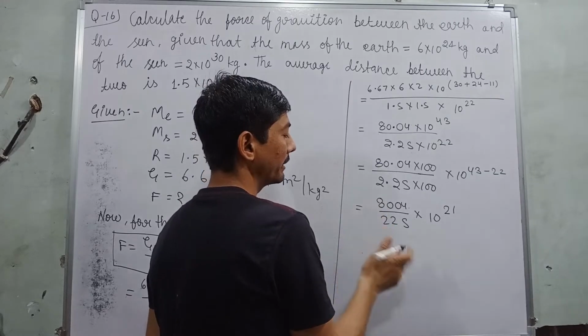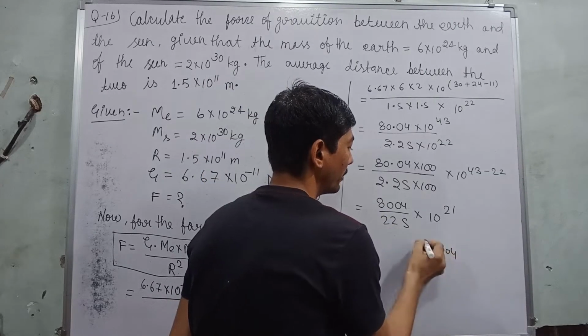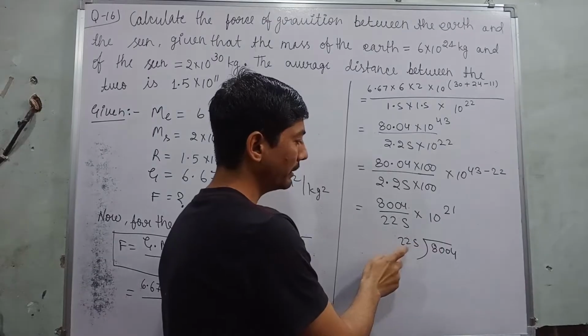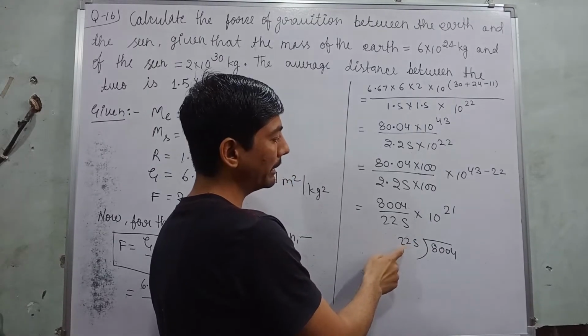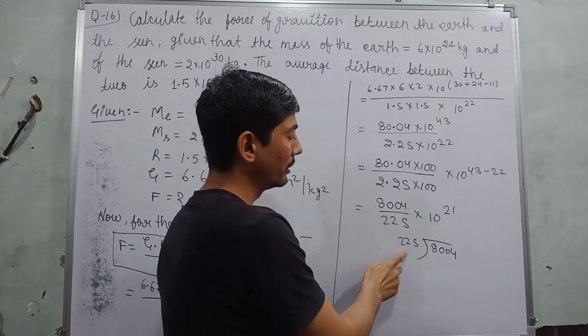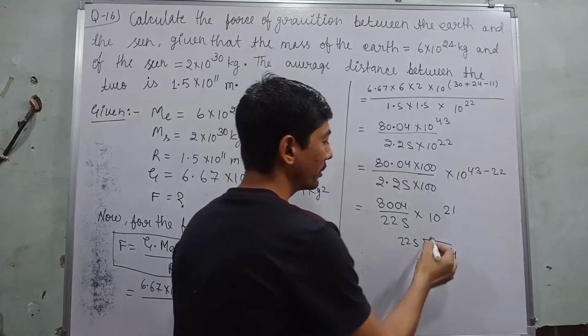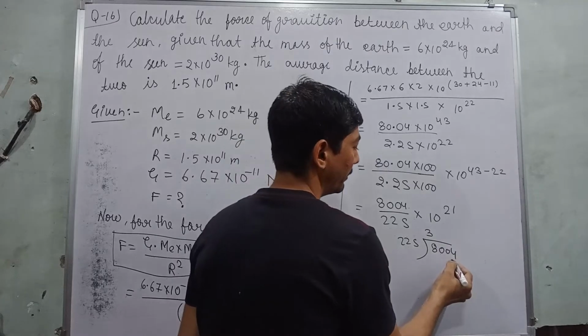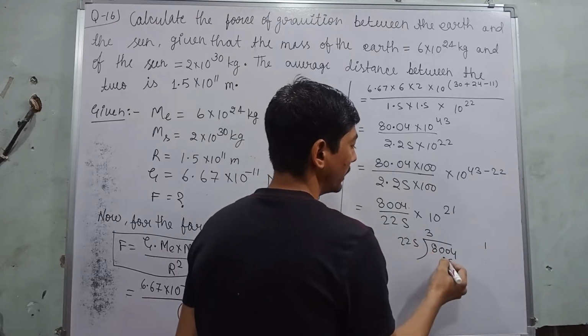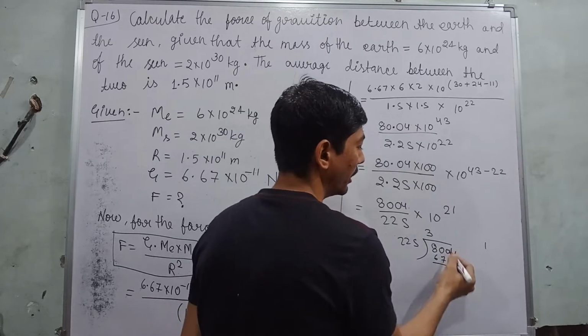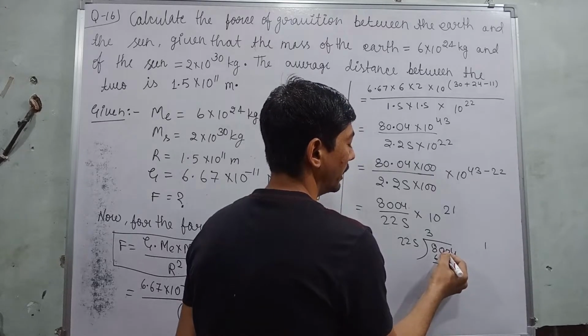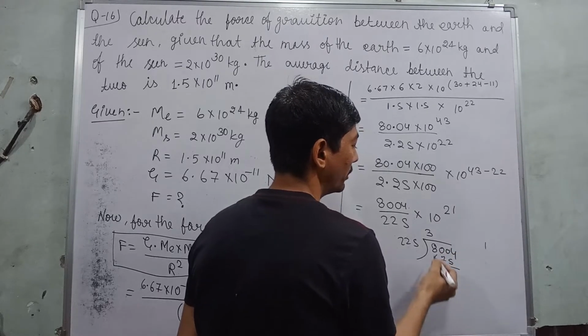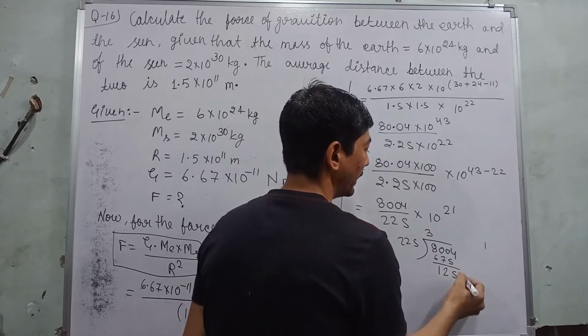Now I divide 8004 by 225. First I multiply it by 3, so it goes 3 times. So here I write 3. 3 5s are 15, 3 5s are 15, 1 carry, 3 2s are 6, 1 is 7, 3 2s are 6. So 10 minus 5 is 5, and 9 minus 7 becomes 2, 7 minus 6 becomes 1. I write here 4.